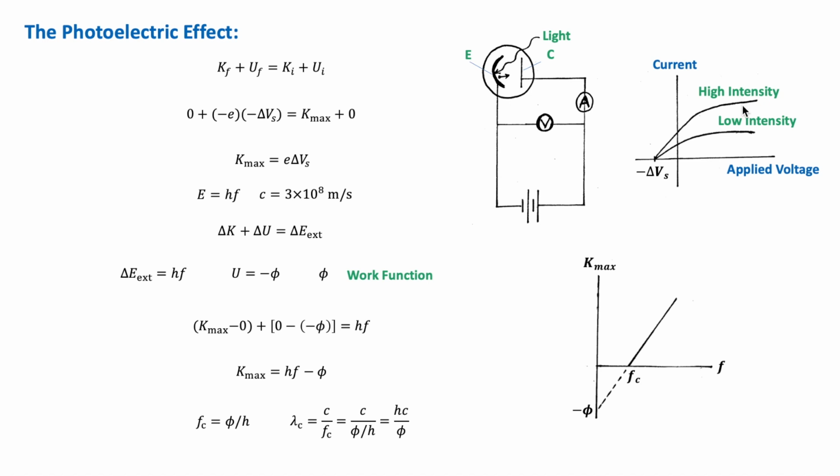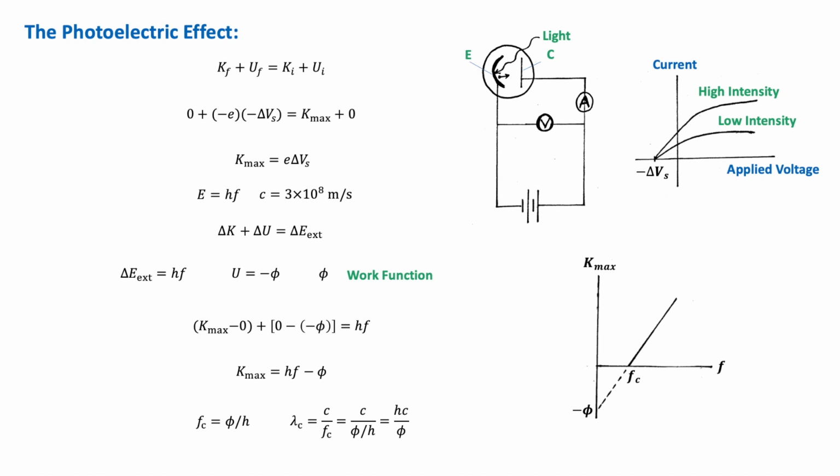And this does not agree with the classical approach because, according to this approach, in which light is considered as a wave, electrons should absorb energy continuously from the electromagnetic wave, and when the light intensity is increased, energy should be transferred to the metal at a higher rate, and the electrons should be ejected with a higher kinetic energy.